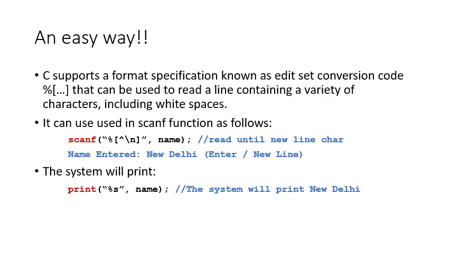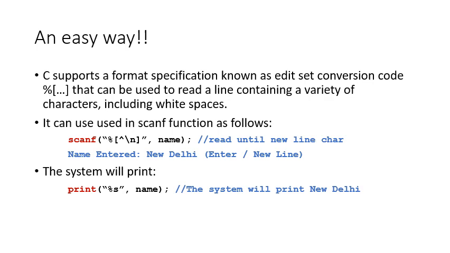Suppose you entered New Delhi and then you hit enter, and with the help of %s you want to print that name, the system will print New Delhi. So all this while loop condition is summarized into one scanf now. If we use this, it will give the same output as your last code with while loop and getchar.